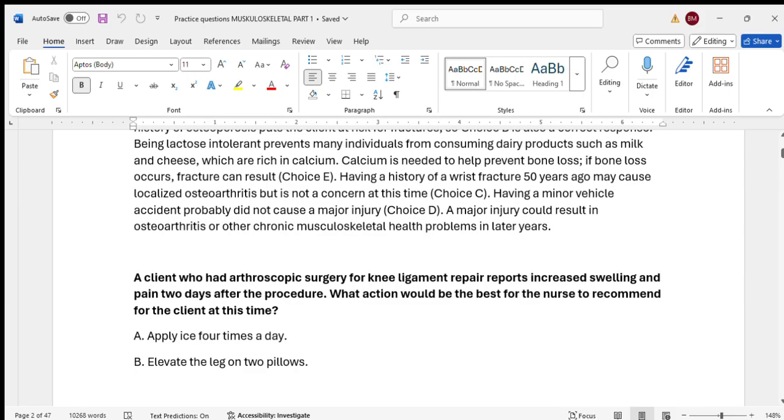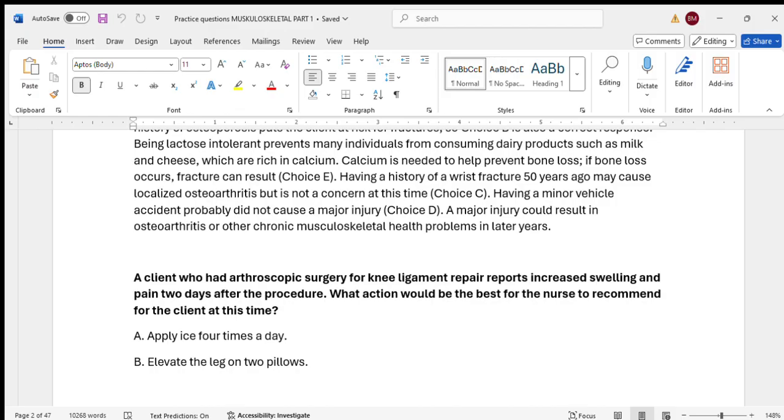Another question, a client who had arthroscopy. Let's practice whatever I was telling you. Start with the question. What action would be the best for the nurse to recommend for this client at this time? So we're actually asking you for the best recommendation. Now let's read the scenario. A client who had arthroscopic surgery for knee ligament repair.